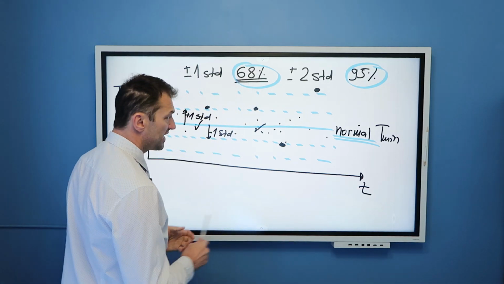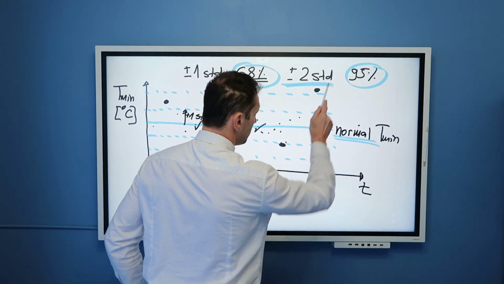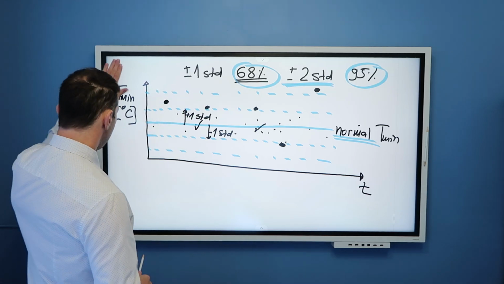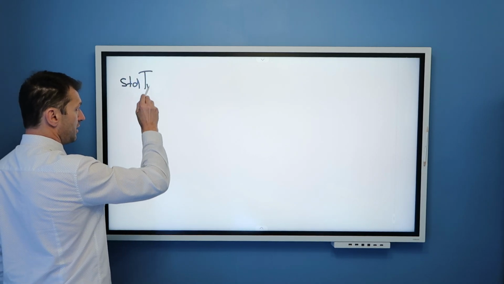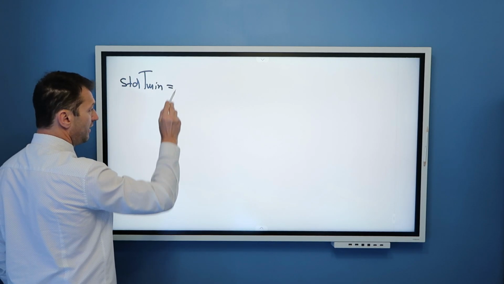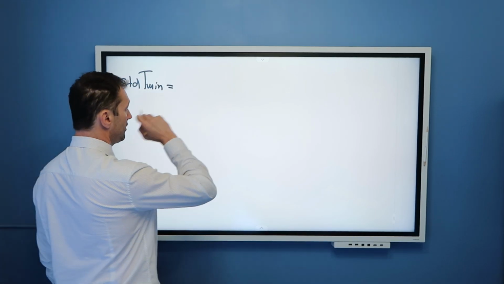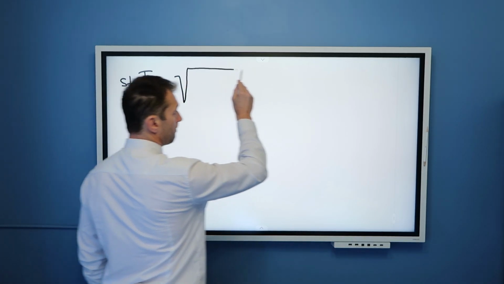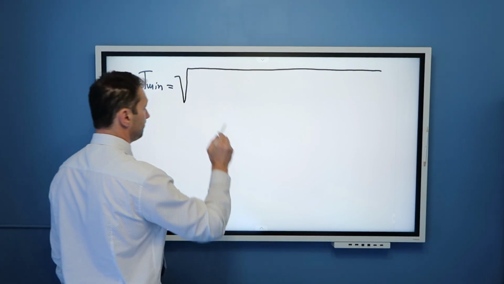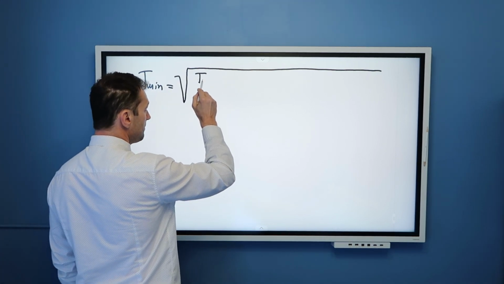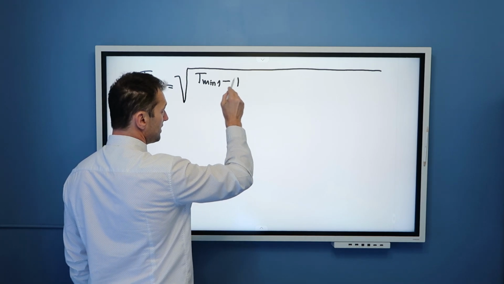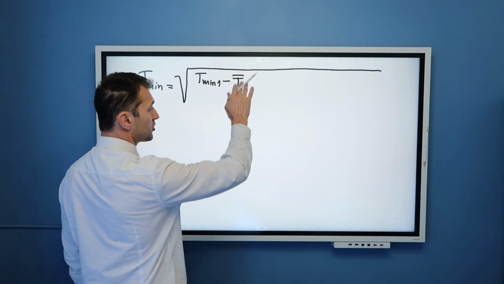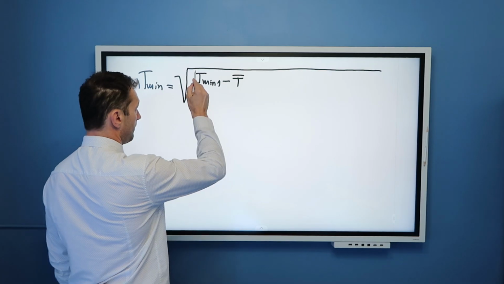Now I would like to discuss quickly how standard deviation is calculated. Let's do it. So if we want to calculate STD for minimum temperature that we had in the previous example, then standard deviation is calculated as the square root of T minimum in year 1 minus T average. T average on this channel we denote T over bar.